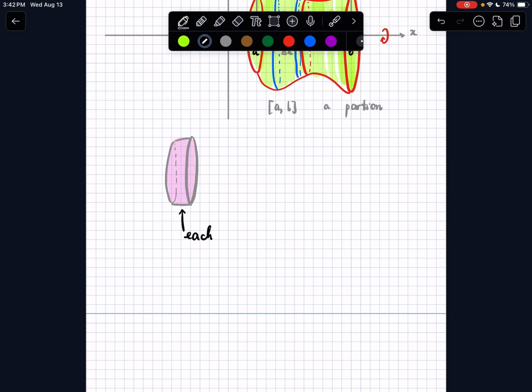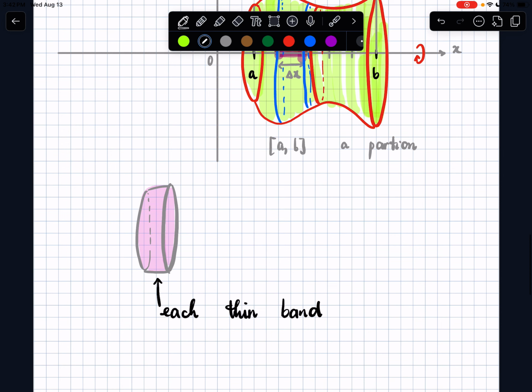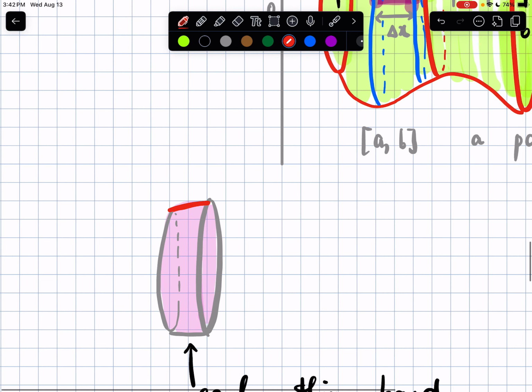Each thin, let's say band, would look like this. And this is the curve, one segment of the curve y equals f of x, for x between xk and xk plus delta x.